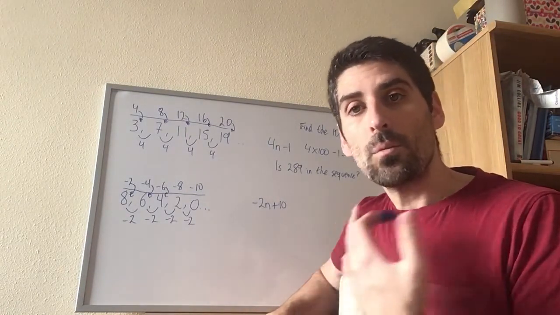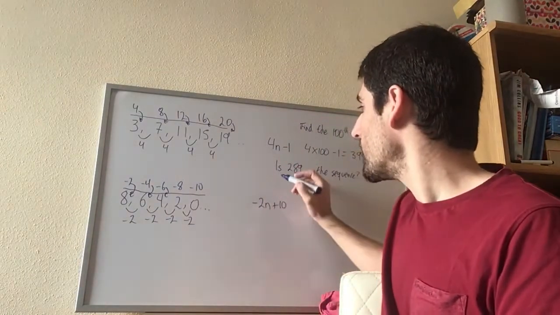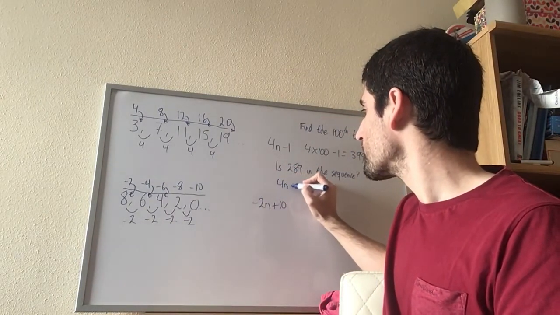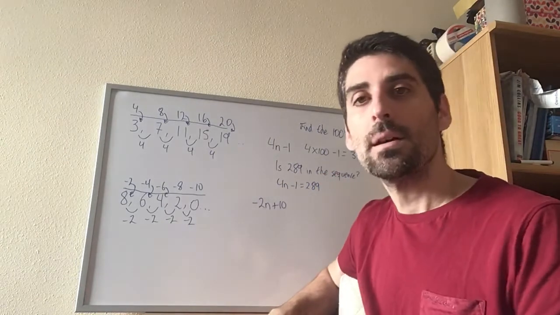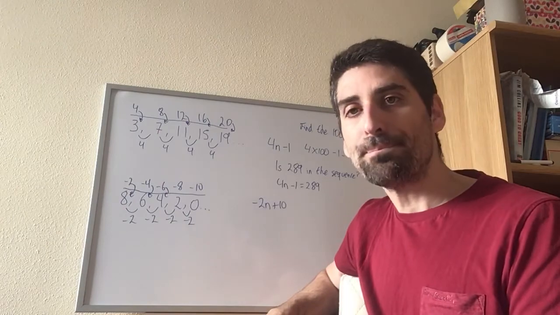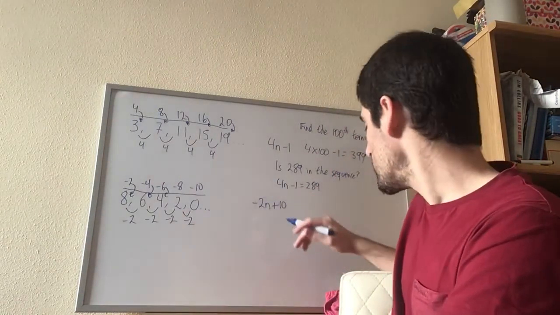Well, it's just a very simple equation that you need to solve. You get 4n minus 1 and you make it equal to 289, and you solve for n.